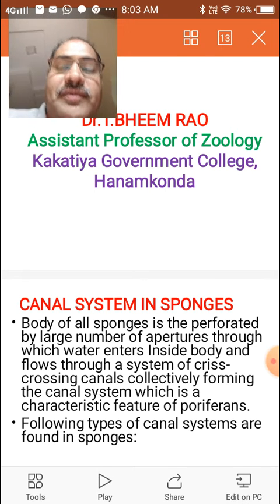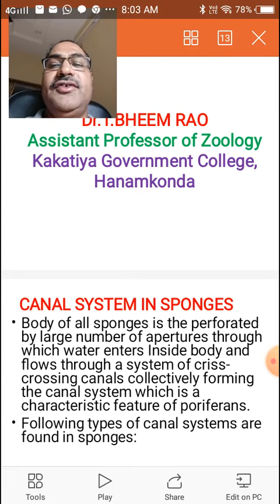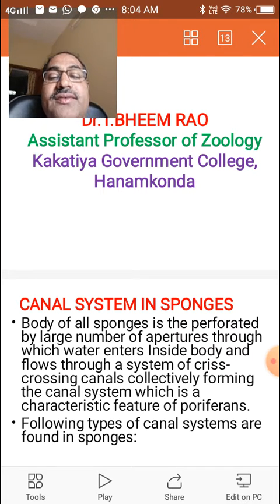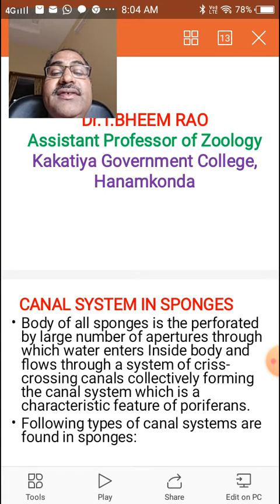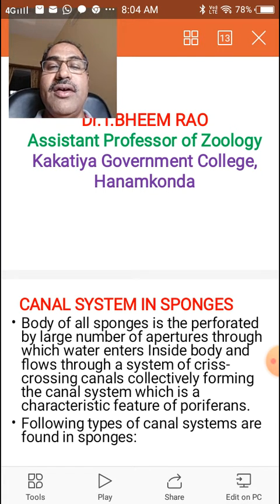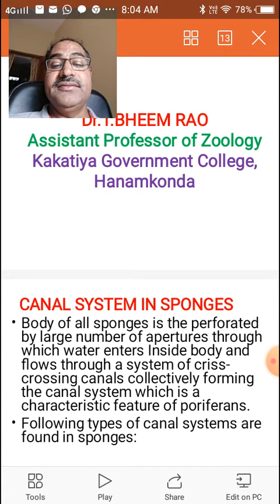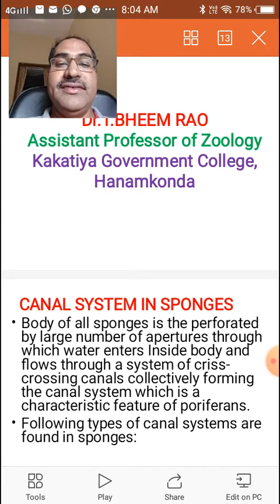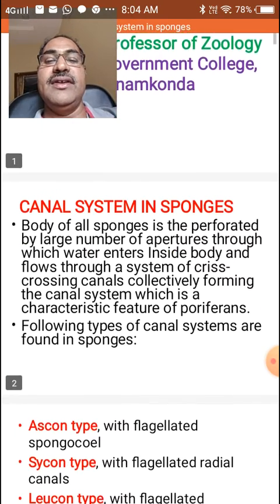This is a special system present only in the poriferans. The body of the sponge is perforated by a large number of apertures through which water enters the body and flows through a system of crisscrossing canals, collectively forming the canal system, which is a characteristic feature of the poriferans. This type of system occurs only in the poriferans.